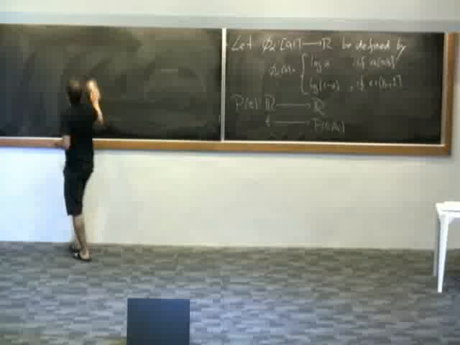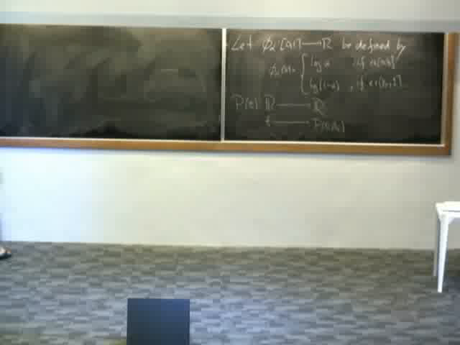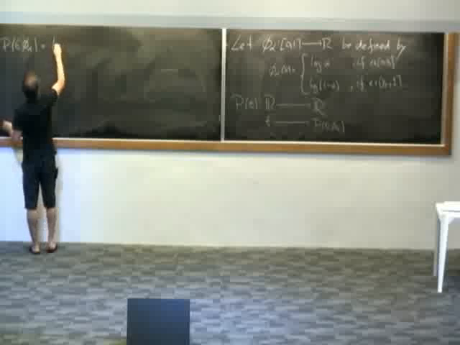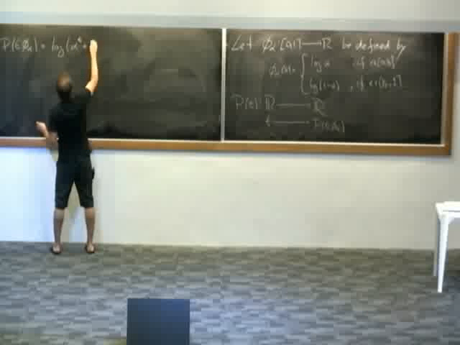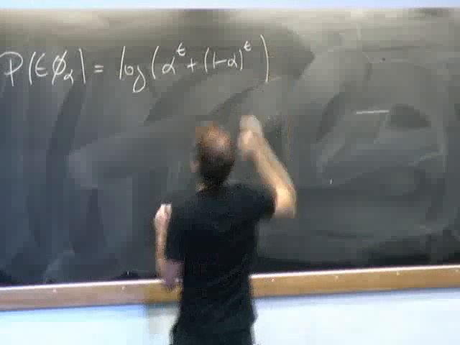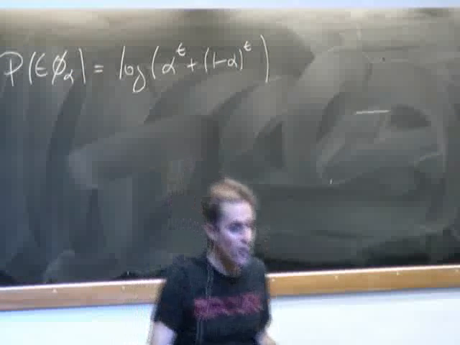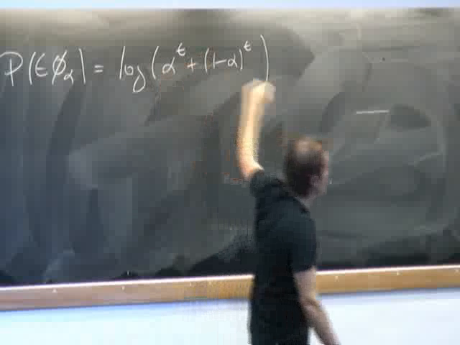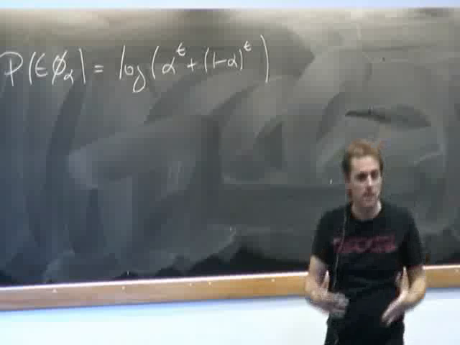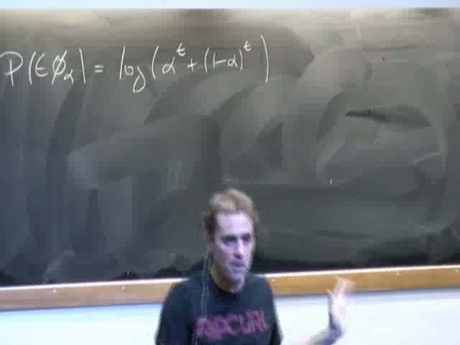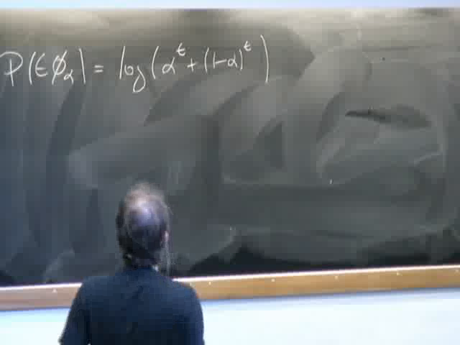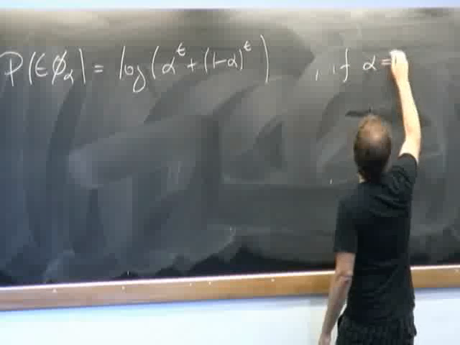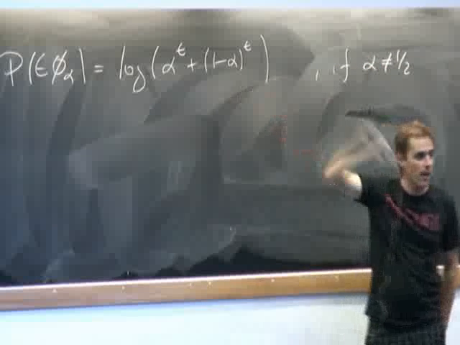It turns out that P_t is log... this is in the exercise sheet that we have. It's not that hard. I mean, if you try to compute it using the definition, it should work. So you can picture this. Well, if alpha is different from 1/2, there is something special here if alpha is equal to 1/2.